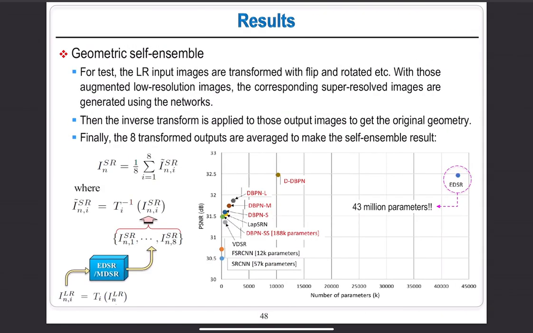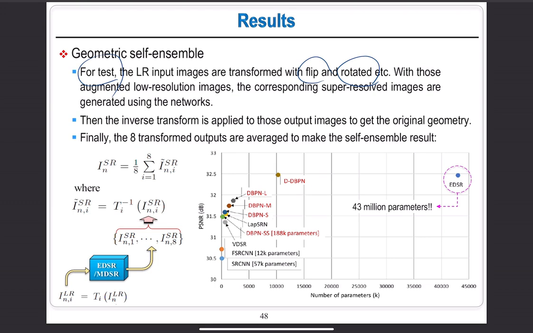And this slide illustrates geometric self-ensemble testing. For the test inference, the low resolution input is flipped or rotated in 8 different ways.